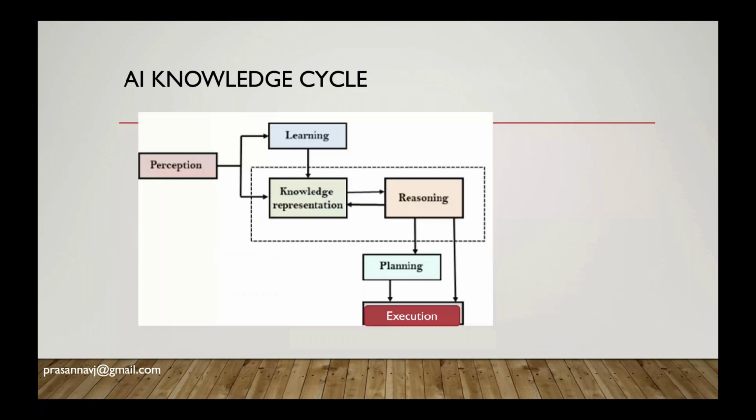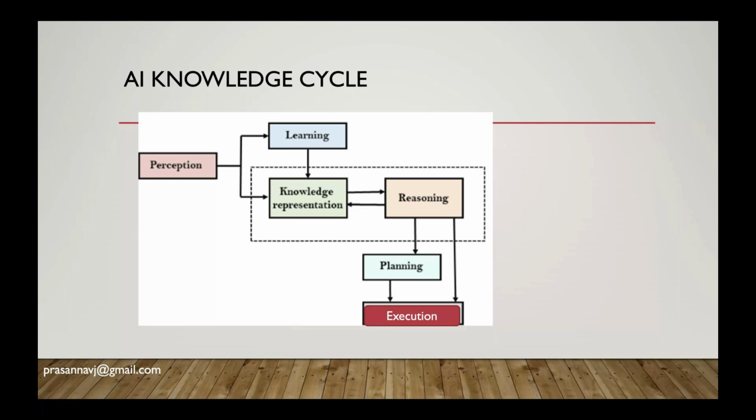So there are two important pieces to the AI knowledge cycle. This is called the AI knowledge cycle. There is a perception layer. The perception layer basically is from the sensing infrastructure for the robot, where the sensing infrastructure provides that information.